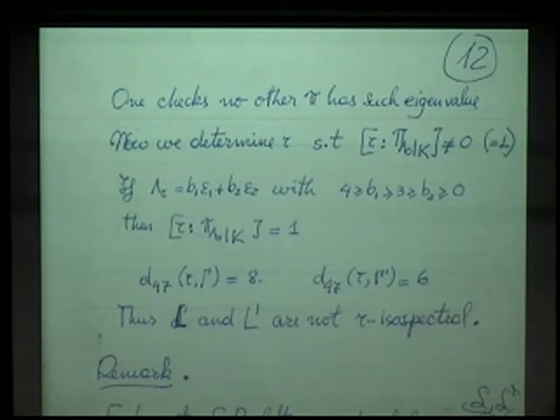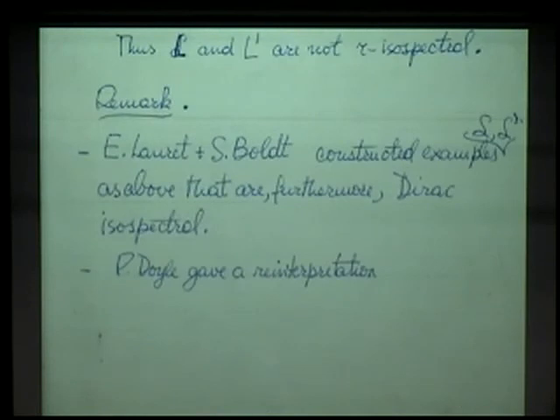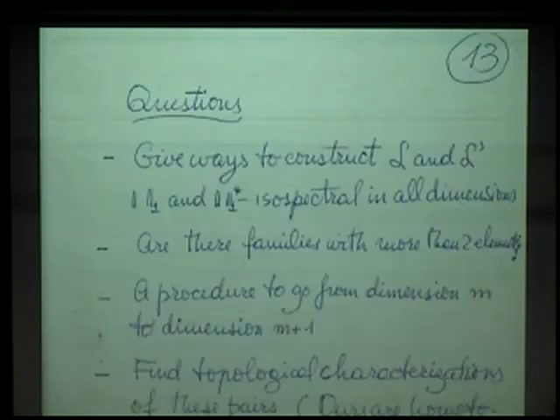So what that means is that there are continuations of this. Emilio Lauret, not this one, Jorge Lauret, and Sebastian Boldt constructed examples that furthermore are Dirac isospectral. And Peter Doyle gave a reinterpretation.